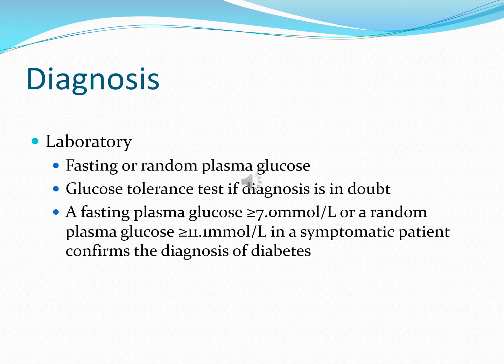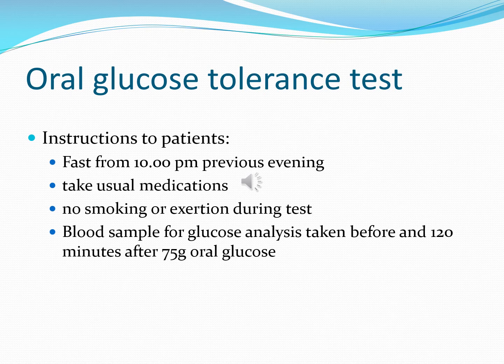But the WHO criteria for diagnosis are that the fasting glucose is greater than or equal to 7 millimoles per litre, or that the random plasma glucose is greater than or equal to 11.1 millimoles per litre, and that has to be in a symptomatic patient. If the patient is not symptomatic, then the test should be repeated. So I mentioned the oral glucose tolerance test.